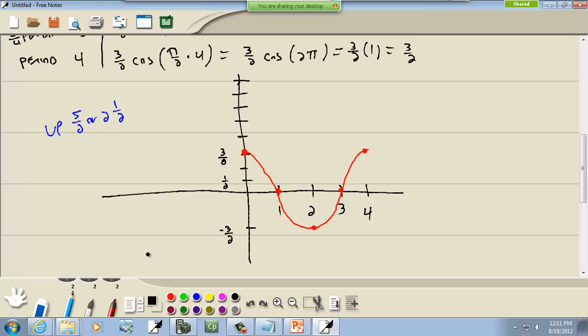Well, if it's shifted up 2.5 or 5/2, that's 1, 2, 3, 4, 5. It'll be right here. This one shifted 1, 2, 3, 4, 5. Be right there.